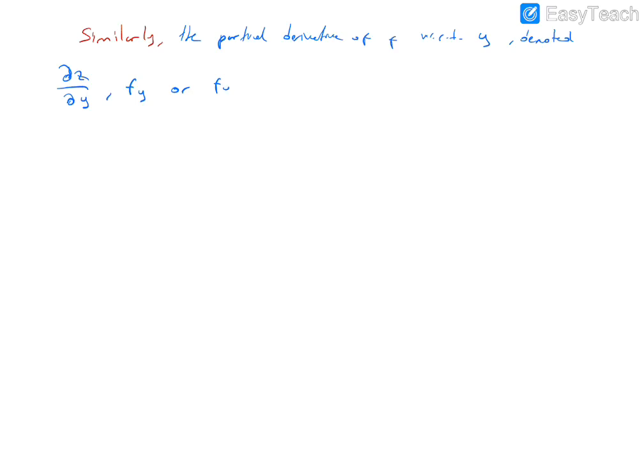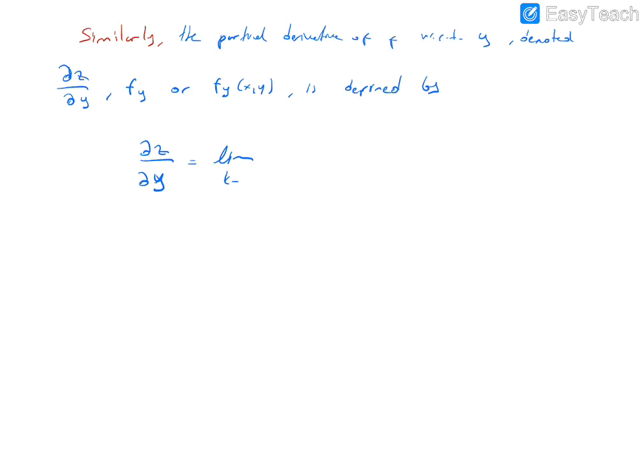So similarly, the partial derivative of f with respect to y, which is denoted by partial z partial y, or f sub y, or f sub y of x, y, is defined by the similar limit.